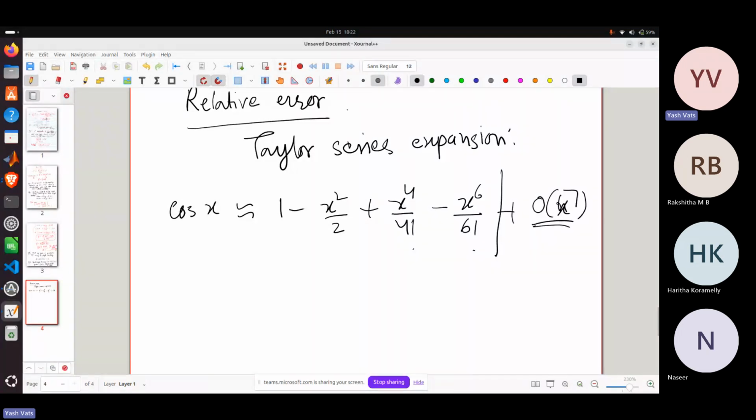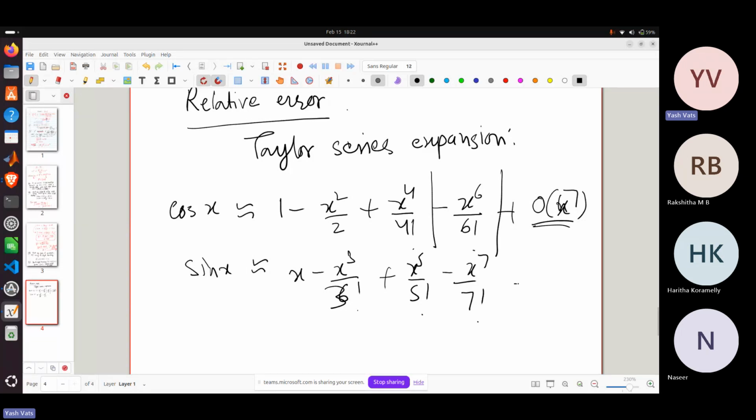If it says up to order 4, then you stop it here as per the question. And sin x expansion is x minus x cubed by 3 factorial plus x to the power 5 by 5 factorial minus x7 by 7 factorial and so on. So keep in mind this thing.